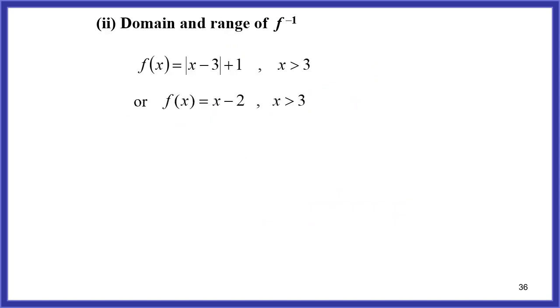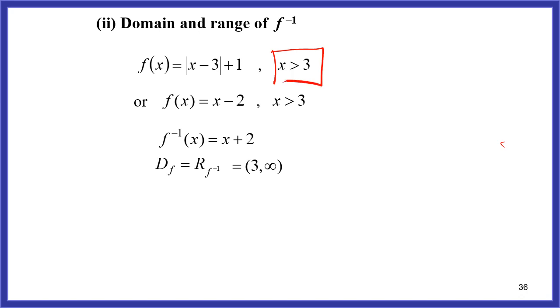For question number 2, we want to find the domain and range. Because we have the domain for f already, we can find the range for f inverse, which is between 3 up to infinity, 3 not included. This is the domain of f, which is the range of f inverse.